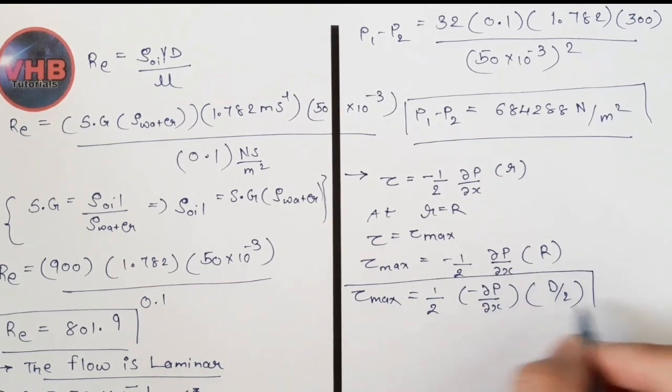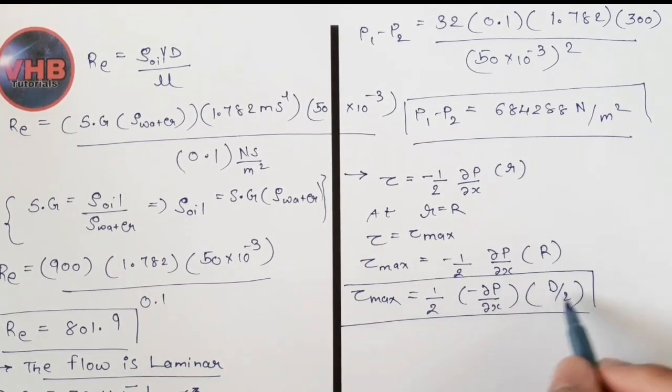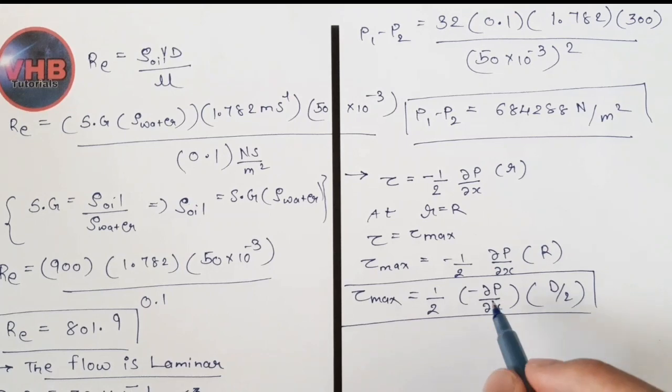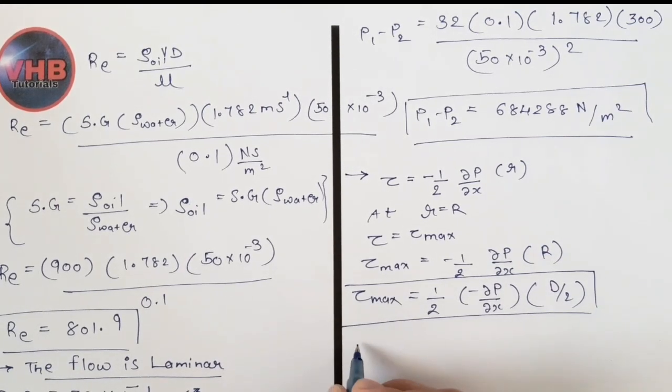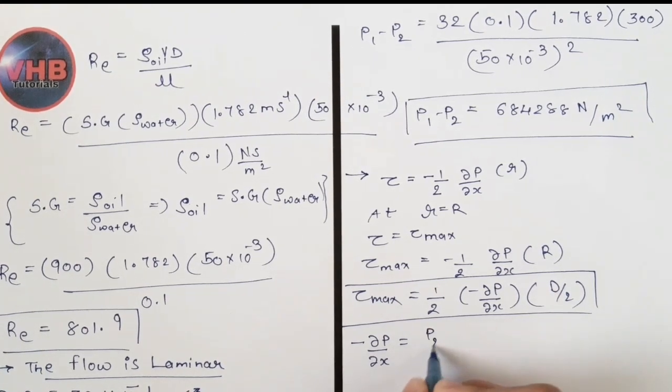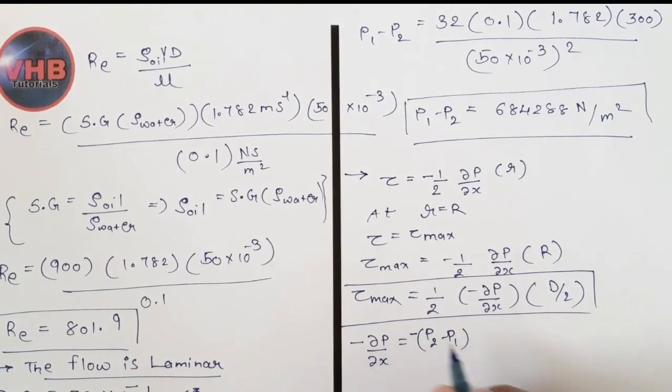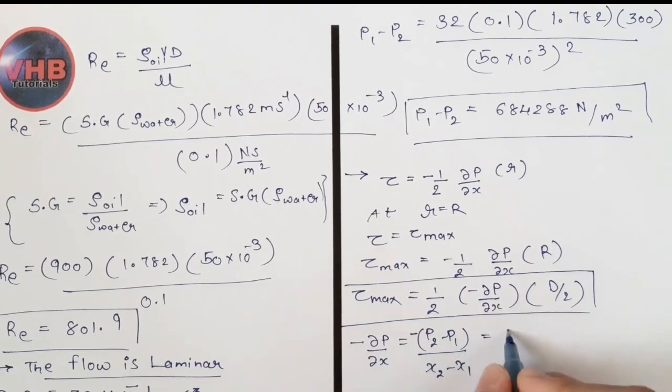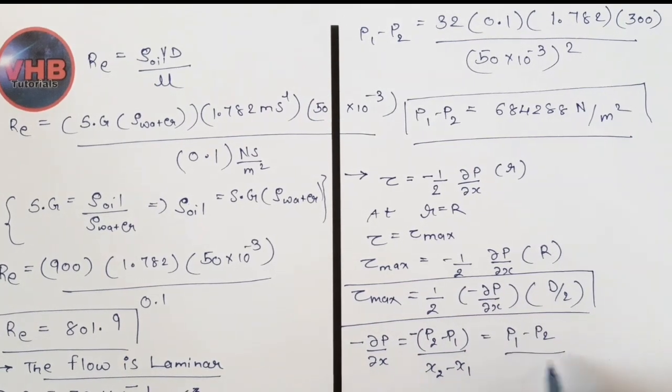Now we have D; we have to calculate del P by del X. Del P is nothing but the pressure difference, so minus del P by del X is minus of (P2 minus P1) divided by (X2 minus X1). Multiplying the minus inside, we get (P1 minus P2) upon (X2 minus X1).